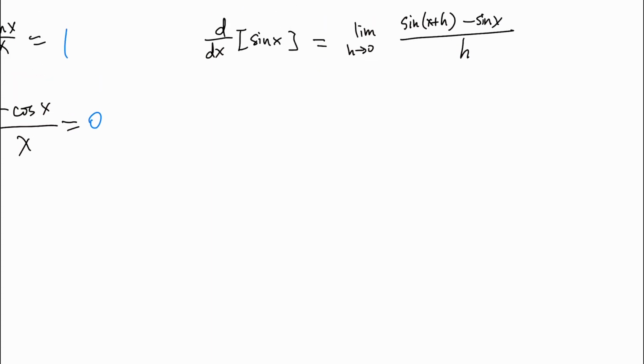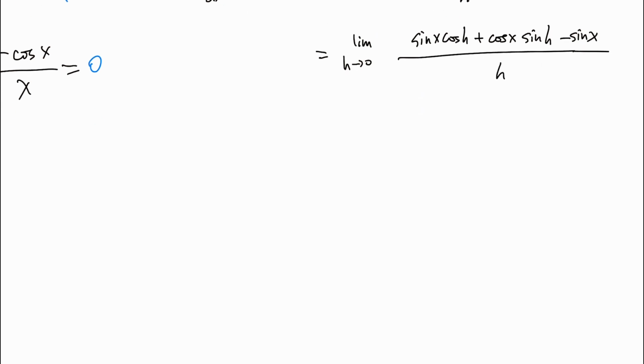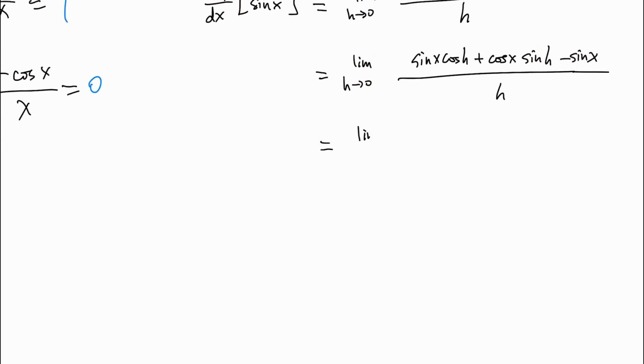We can use the sum of angles formula to get that this is equal to the limit as h approaches 0 of sine x cosine h plus cosine x sine h minus sine of x over h.